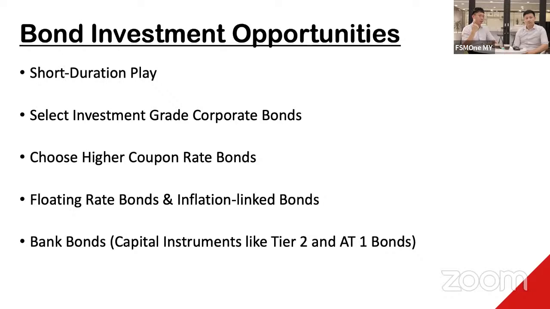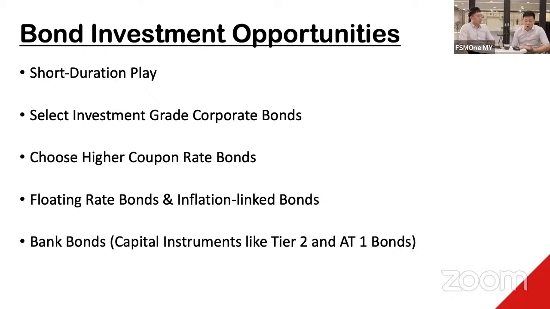Yeah. So for bank bonds, especially capital instruments like Tier 2 or AT1 bonds, they are bonds, but they are hybrid instruments that represent the capital of a bank. And usually in an interest rate hike environment, banks expand their net interest margin, which is basically how they earn money.